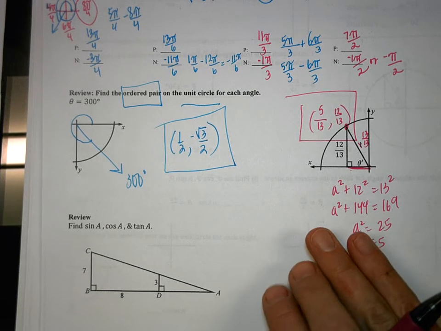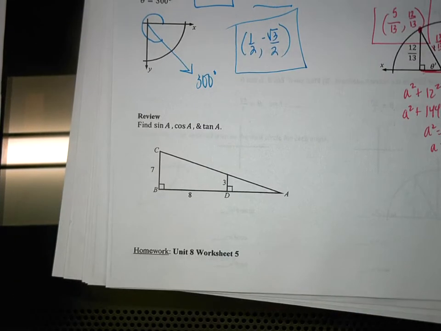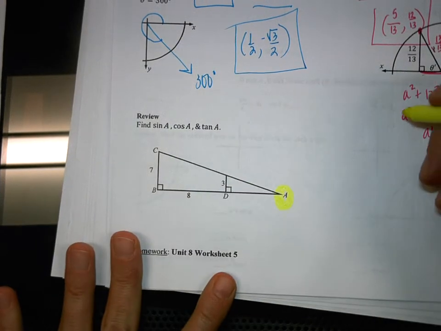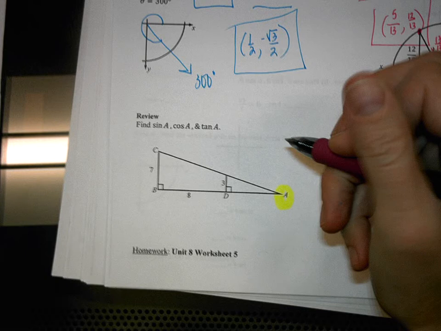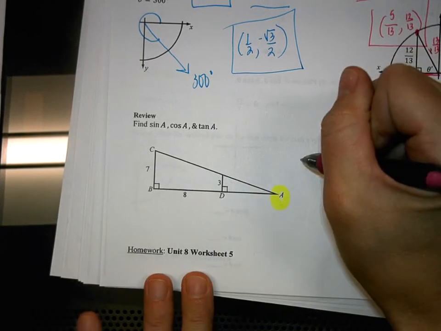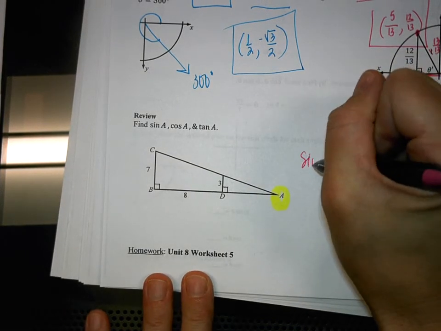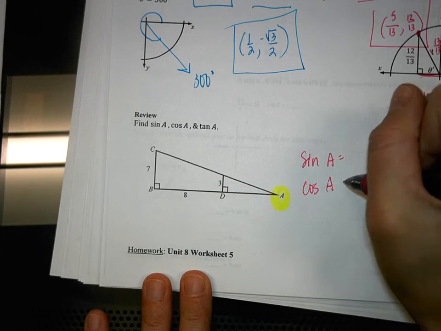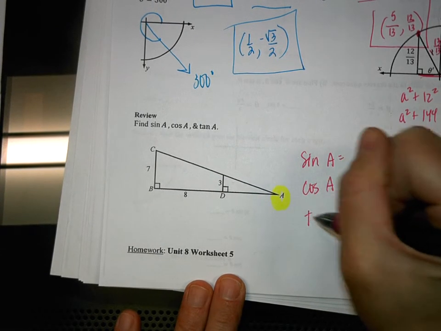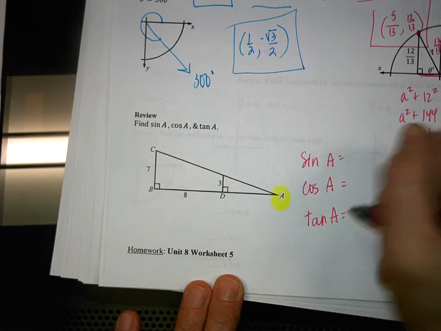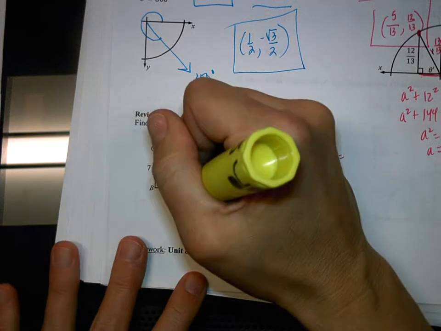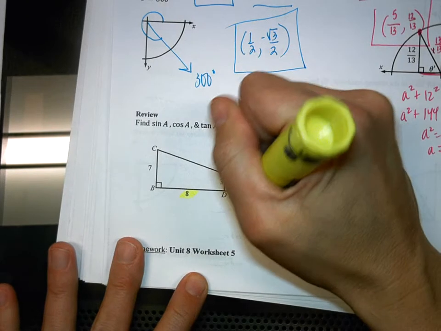Okay, they are asking us to find sine of A, cosine of A, and tangent of A. Right now, I know this length right here, but I don't know this length.